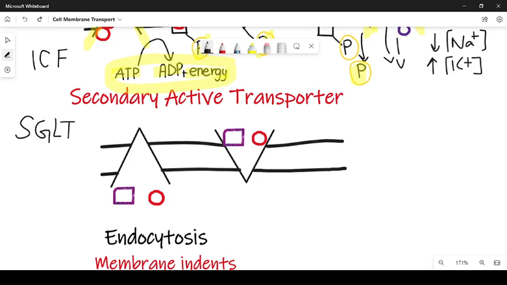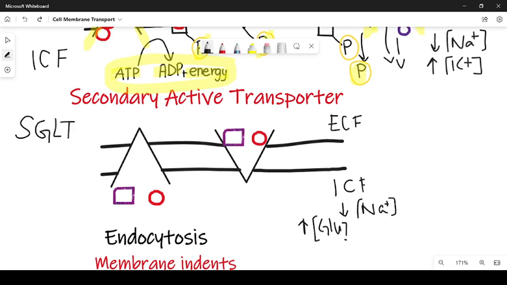So here, this is the extracellular fluid, and this one is the intracellular fluid. The intracellular fluid, as we know, has a low concentration of sodium ion. However, there is a high concentration of glucose intracellularly.